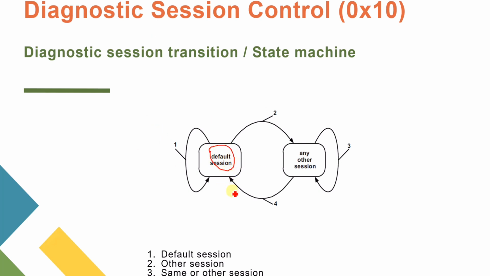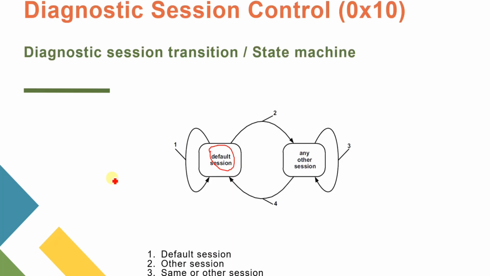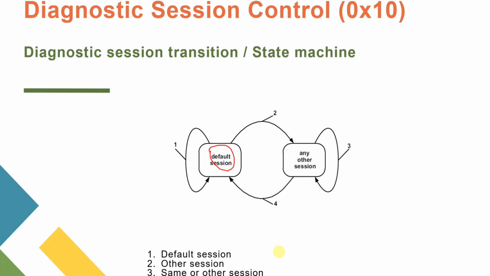It is the foremost session when the ECU is powered up, and any other session is a non-default session. The other sessions are the programming session, extended diagnostic session, and safety system diagnostic session. A few other subfunctions are supported from the UDS specification, reserved for manufacturer specific, supplier specific use, and also reserved for future use.